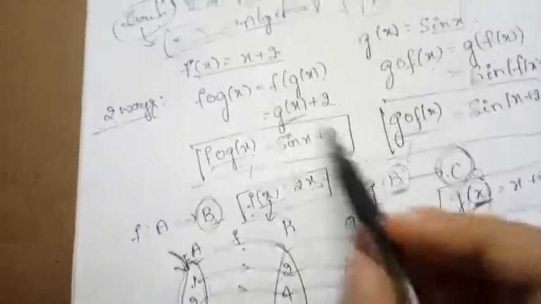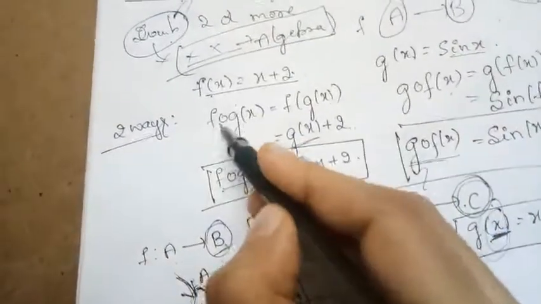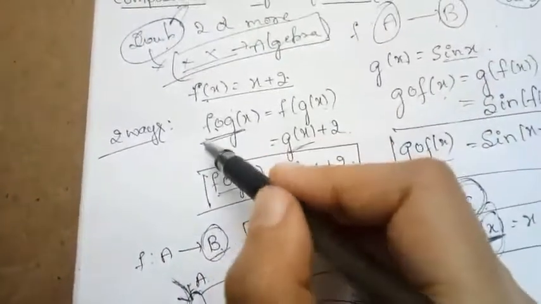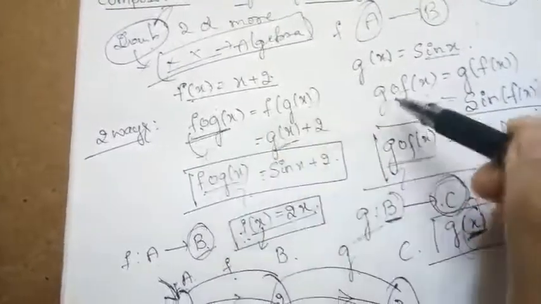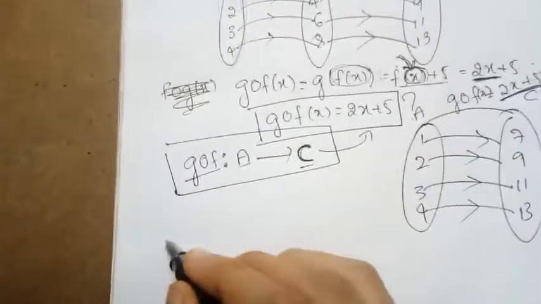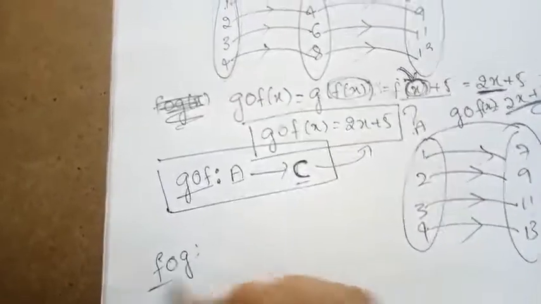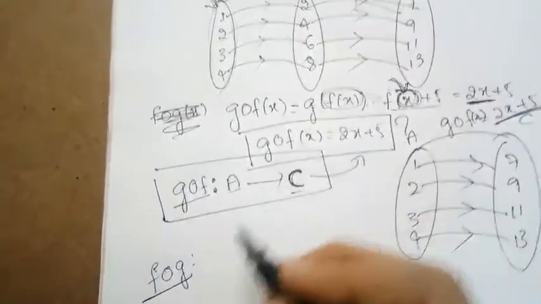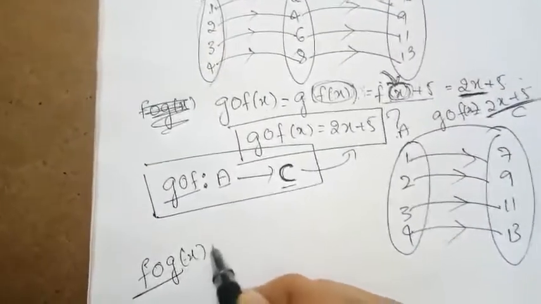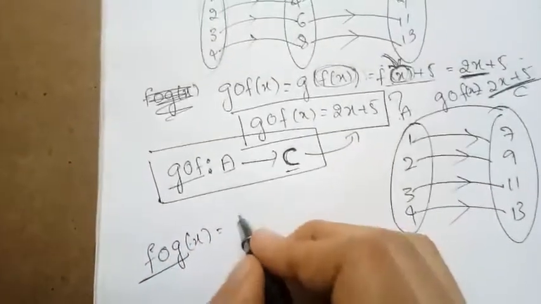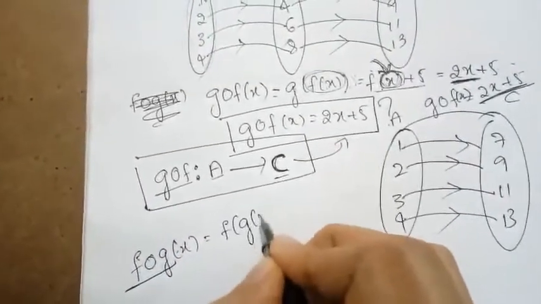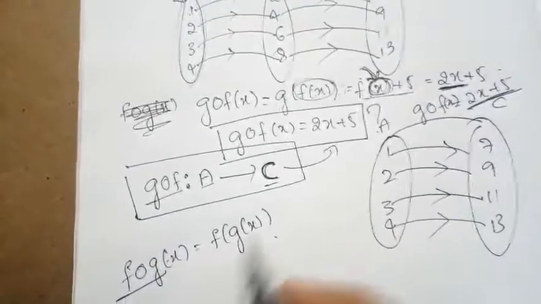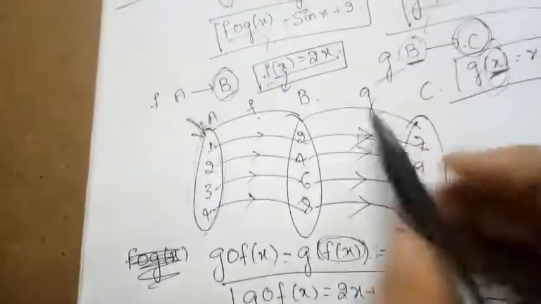So when I said in the beginning we have two ways of combination or composition, one is f of g, another one is g of f. We talked about g of f here. So let us see what the f of g function will be. f of g of x means, what is our f of x?